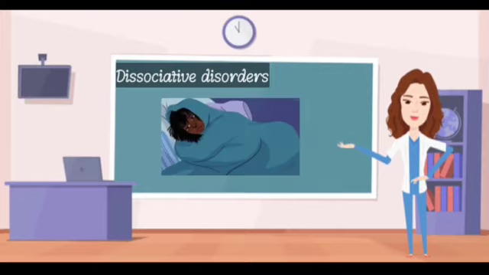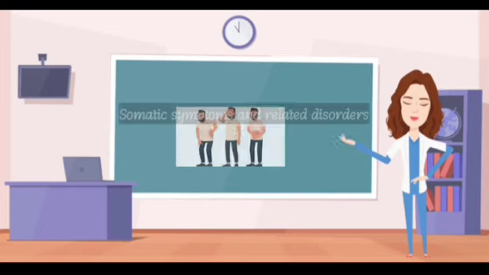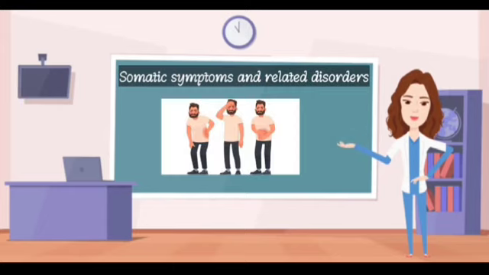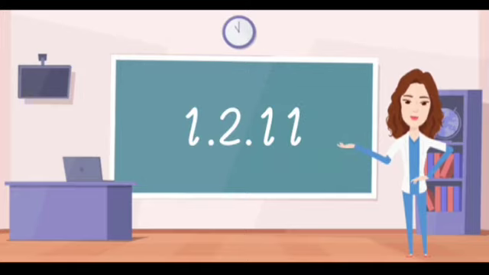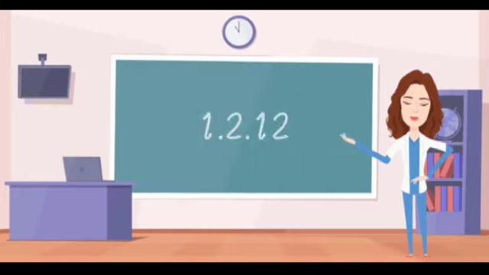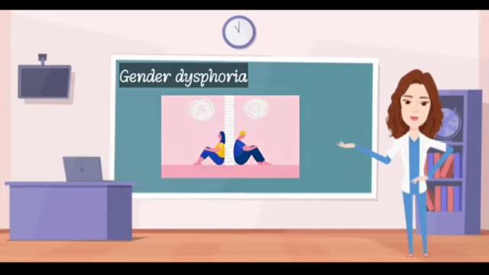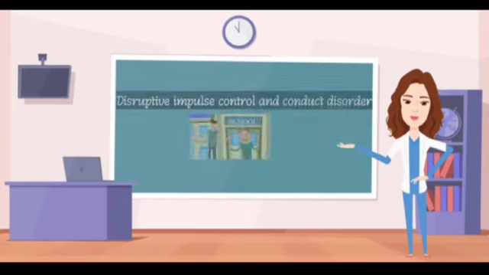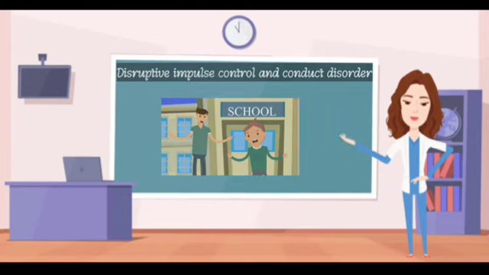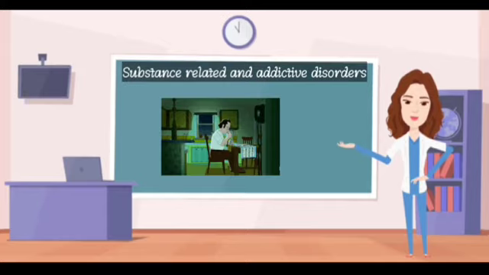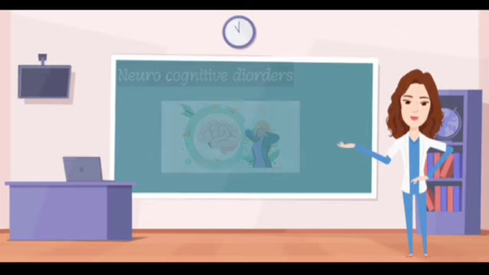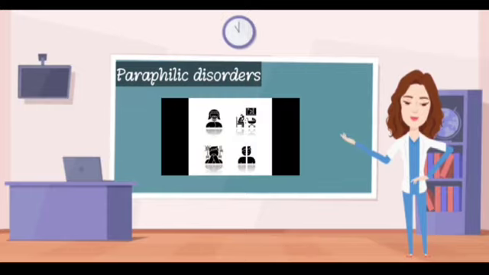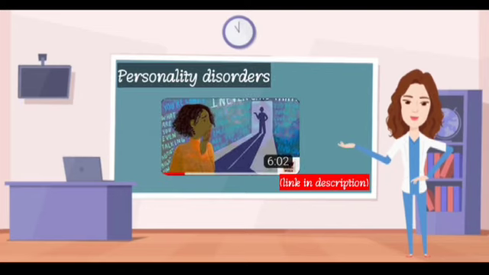1.2.8, dissociative disorders. 1.2.9, somatic symptoms and related disorders. 1.2.10, feeding and eating disorders. 1.2.11, sleep-wake disorders. 1.2.12, sexual dysfunctions. 1.2.13, gender dysphoria. 1.2.14, disruptive, impulse control and conduct disorders. 1.2.15, substance-related and addictive disorders. 1.2.16, neurocognitive disorders. 1.2.17, paraphilic disorders. 1.2.18, personality disorders.